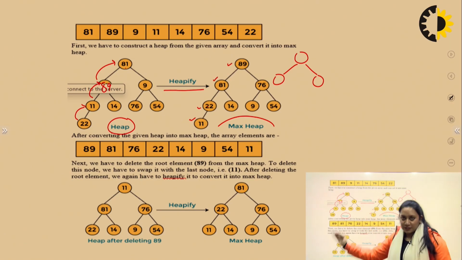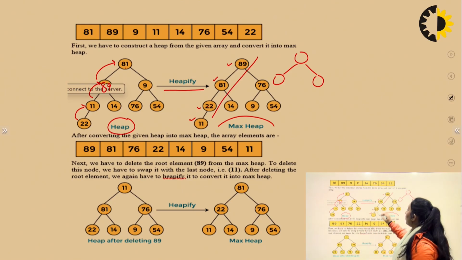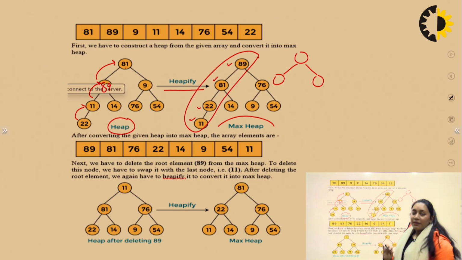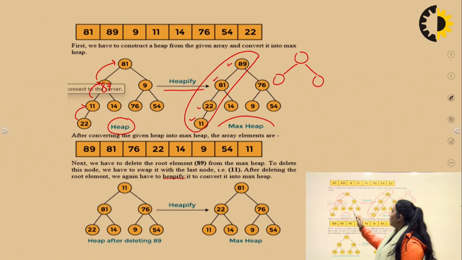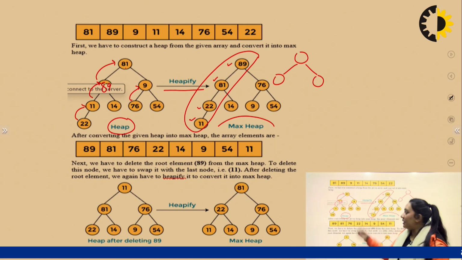So the left side of this element is sorted. Then we move to the right side of the element. Is swapping available? No, it is not. Next we go to the right side of the elements, then the left side. 76 to 9, swapping available? Yes, we swap those elements, right?